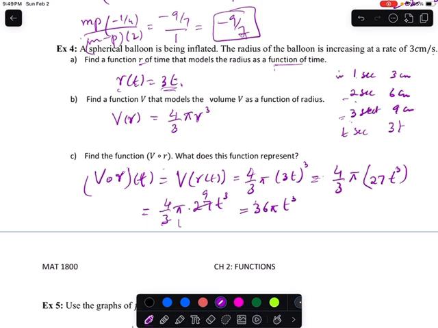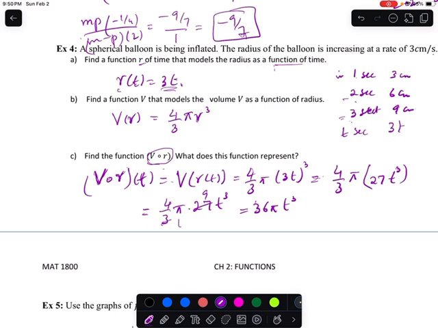So what do we have now? A function of time. What this composition did is it changed the volume from a function of r to a function of t.